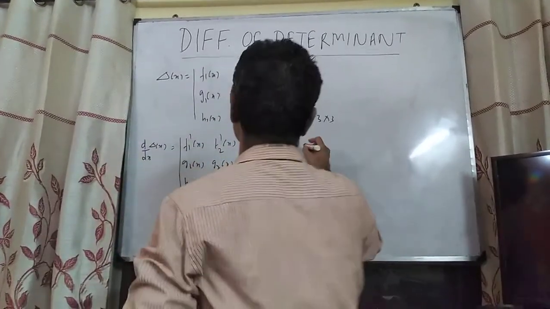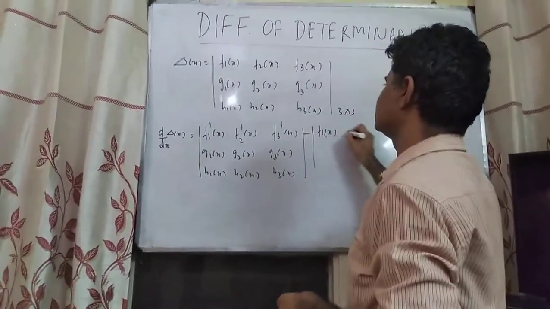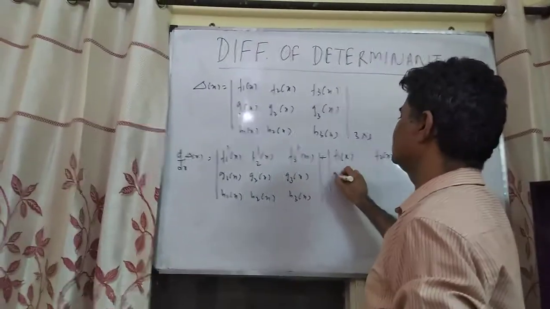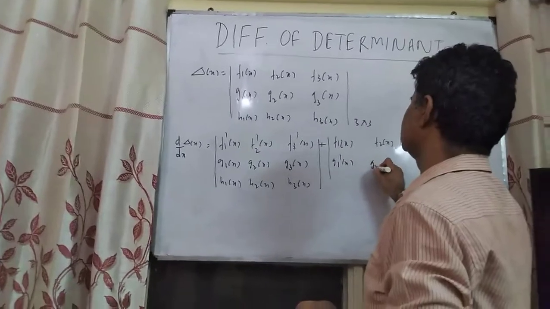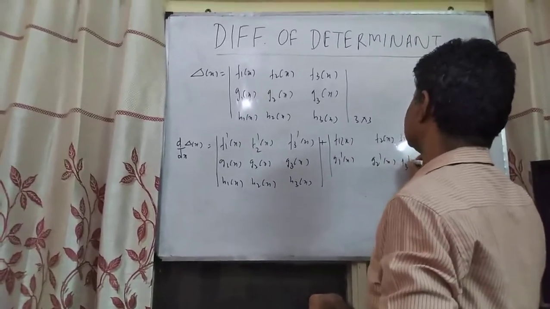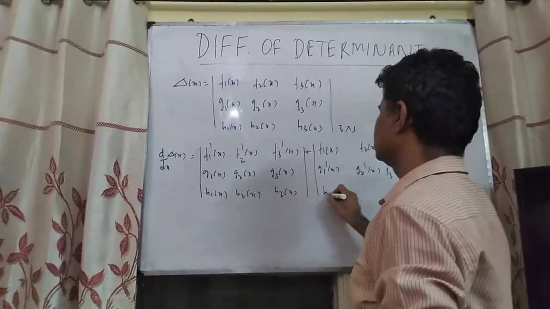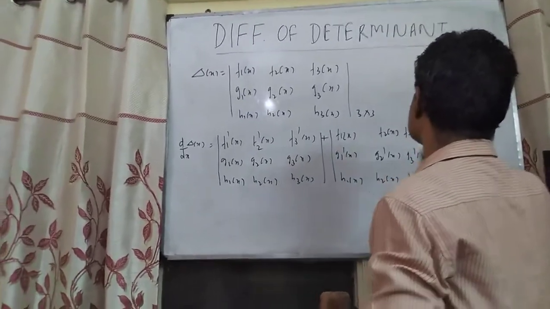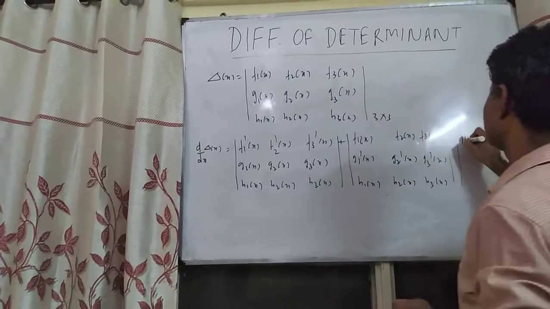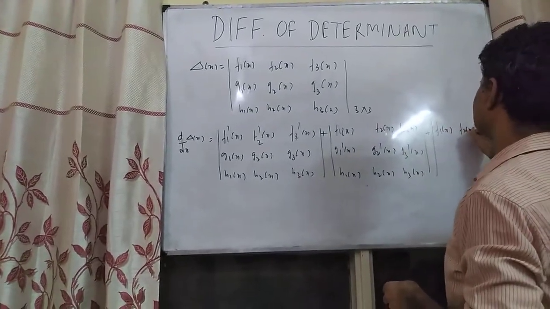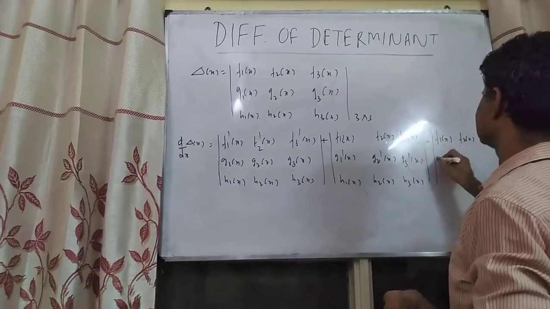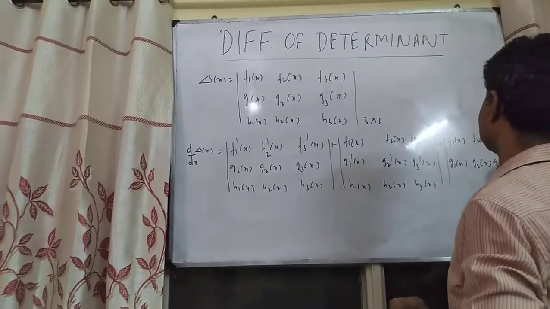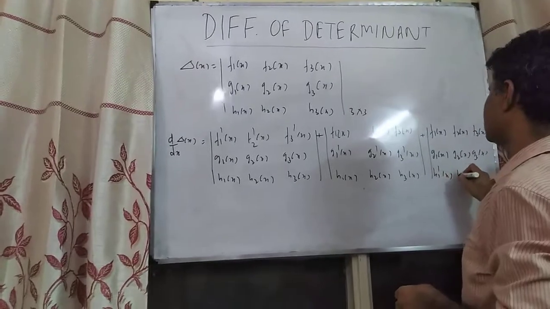Plus differentiation of second row: first row will remain same, f1x, f2x, f3x, then g1'x, g2'x, g3'x, h1x, h2x, h3x. Plus f1x, f2x, f3x, g1x, g2x, g3x, and differentiation of third row.